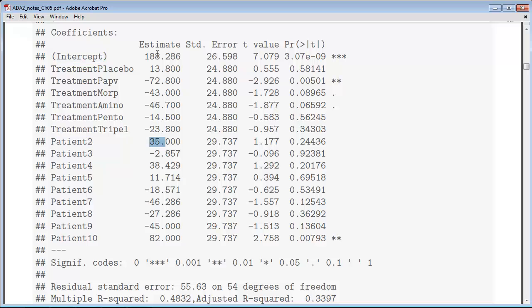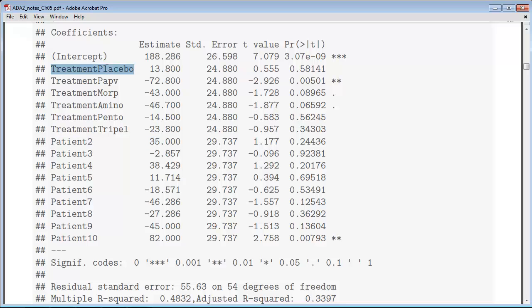So patient 2 on no drug is 188 plus 35. I'm no good at doing this in my head, I'll be honest with you. 123 seconds.